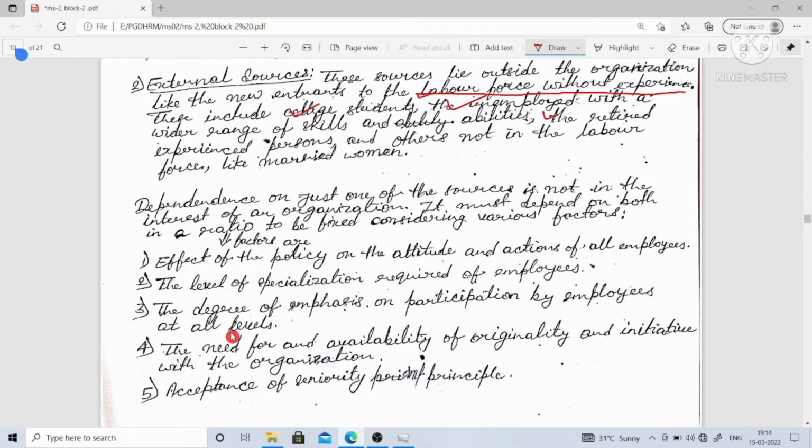The degree of participation means how much employees should participate in the organizational activities. So that will also be considered for deciding the ratio between the internal source and the external source of manpower.